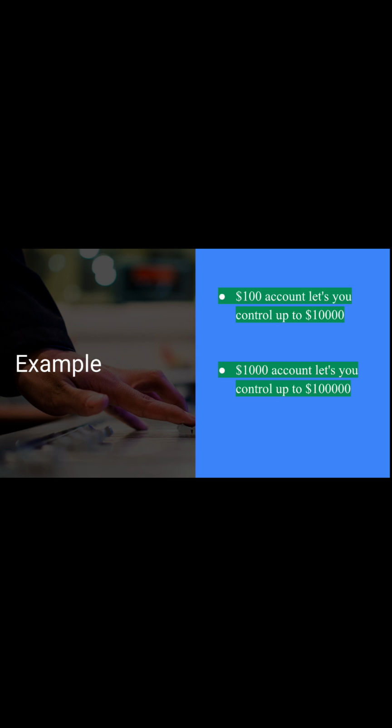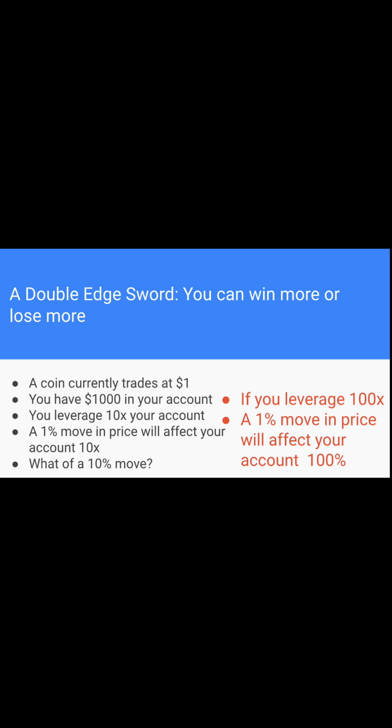The same thing applies when you have a $1,000 account and you're trading with 100x leverage: that capital of $1,000 will be seen as $100,000 because of your choice of 100x leverage.